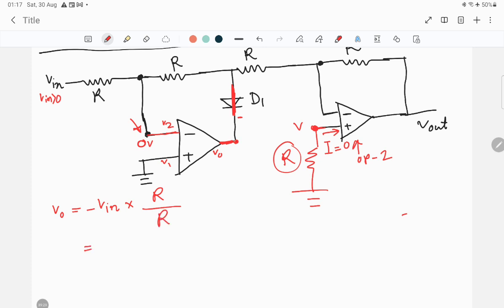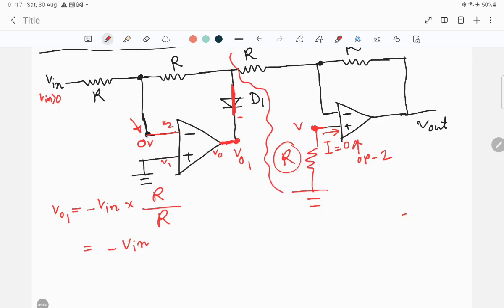So the output of this first op-amp will be simply negative V in. Again this V01 will become the input signal for this particular portion.